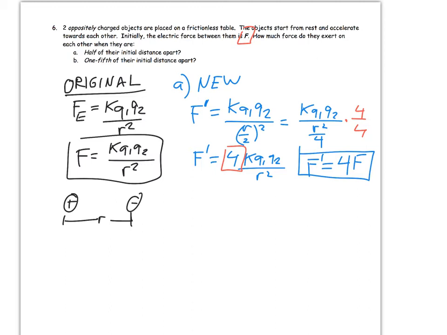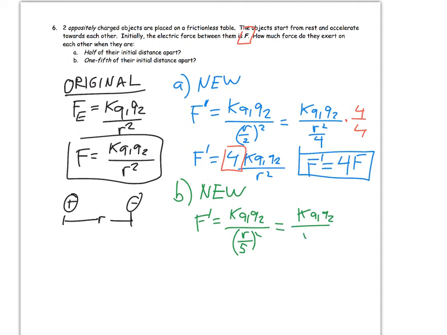For the second question, we want to know what happens when they are 1/5 of their initial distance apart. Same idea, we set up our new equation once again. F prime, our charges don't change, so it's still k q1 q2 on top, and then r over 5 on the bottom, that quantity squared, which becomes k q1 q2 over r squared over 25.